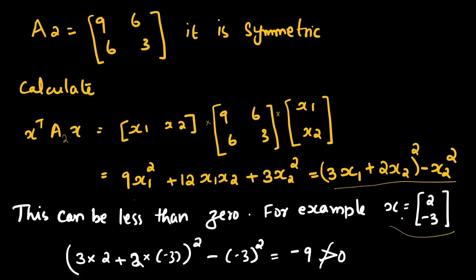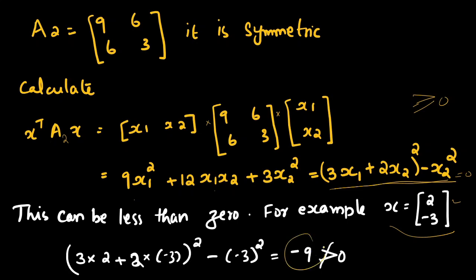For example, for some values of x, this may become 0. Okay, it may be equal to 0 for some values of x. So we take this value 2 minus 3. So in that case, it is minus 9. That means that it is less than 0. So greater than or equal to also, it is not satisfied here.